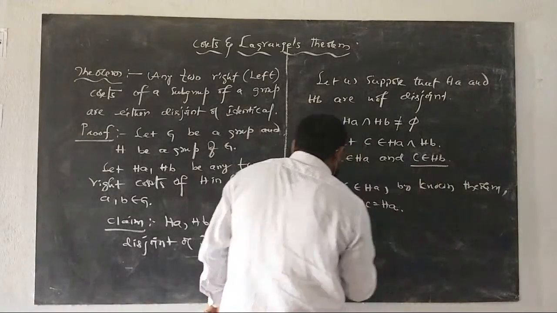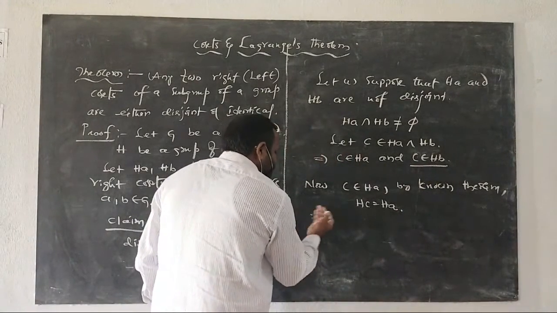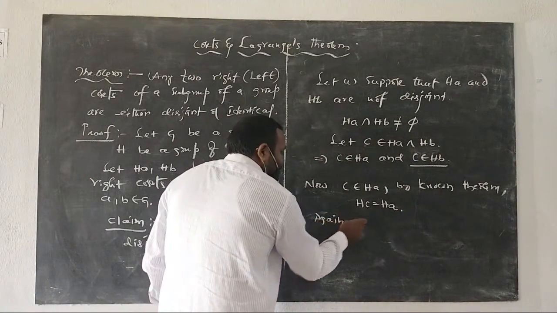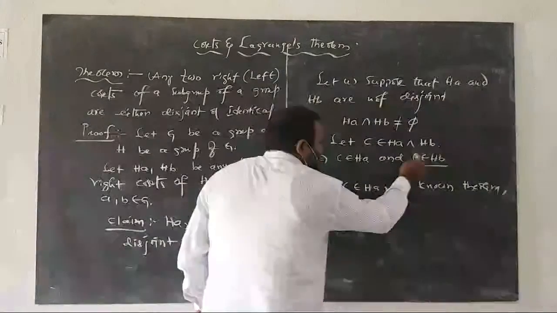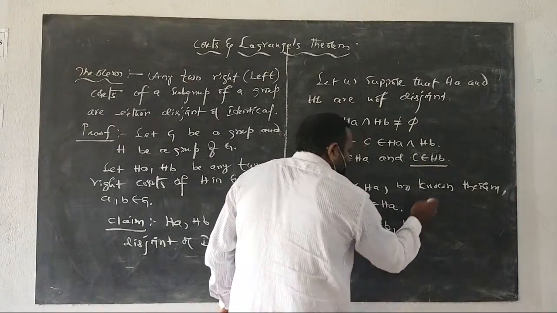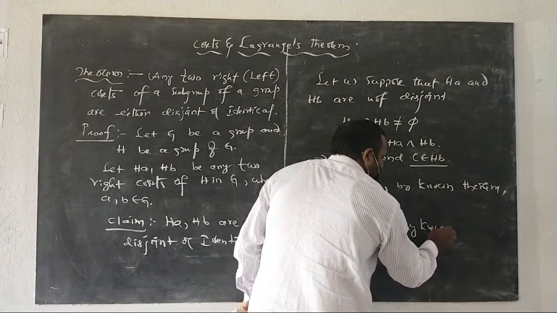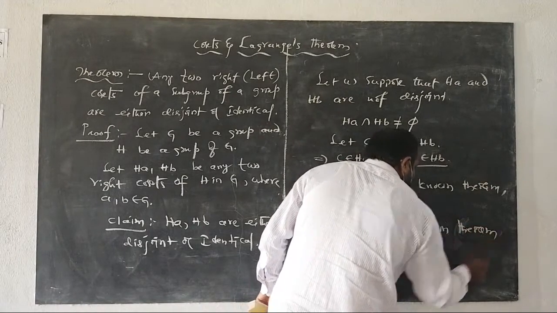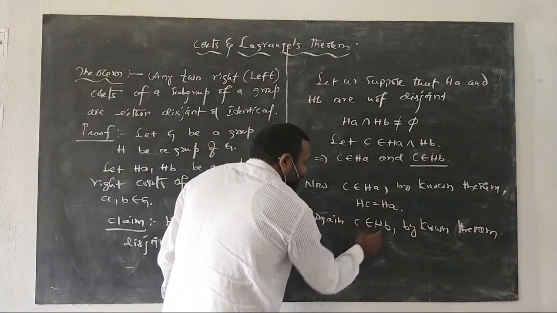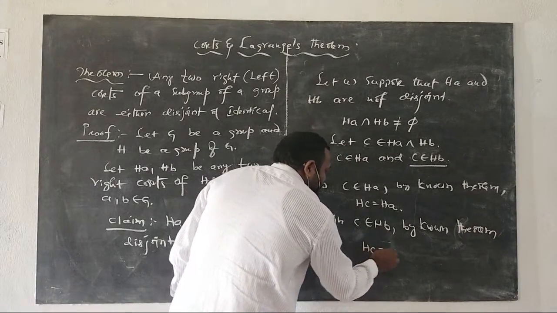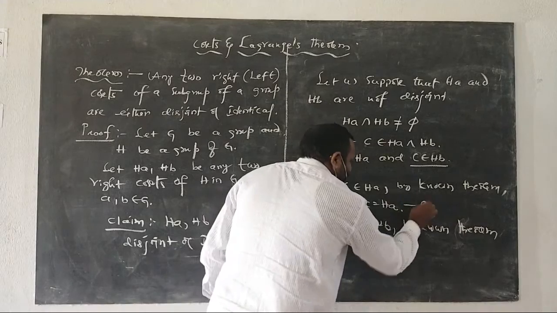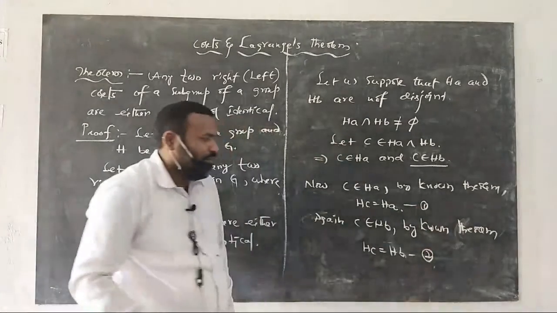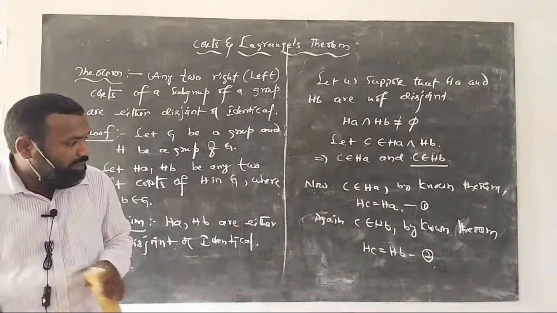Again, C belongs to HB, by the same theorem, implies HC equals HB. Let these be 1 and 2. HC equals HA, and HC equals HB.